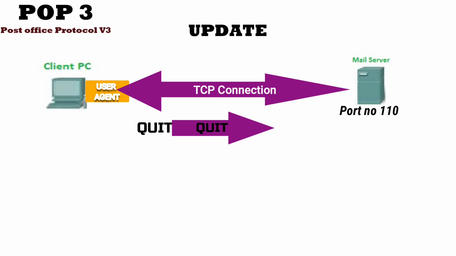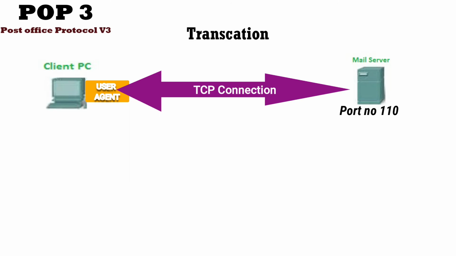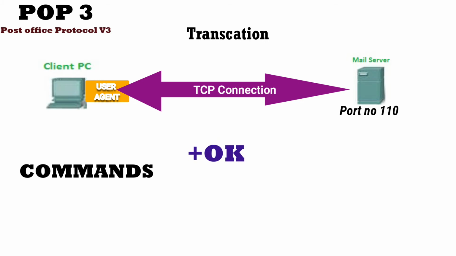In a POP3 transaction, the user agent issues commands and the server responds to each command with a reply. There are two possible responses. First, +OK, sometimes followed by server-to-client data, used by the server to indicate that the previous command was fine, and -ERR, used by the server to indicate that something was wrong with the previous command.